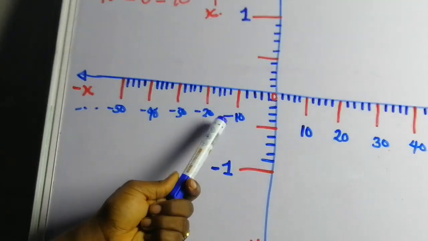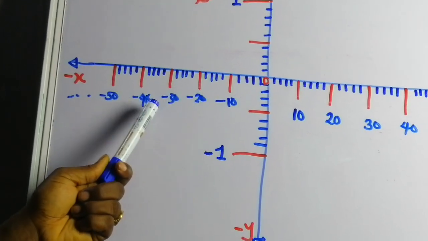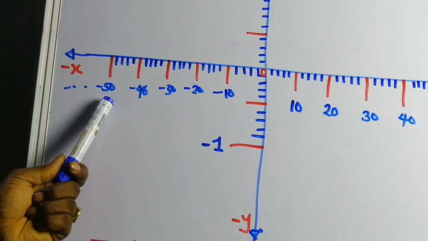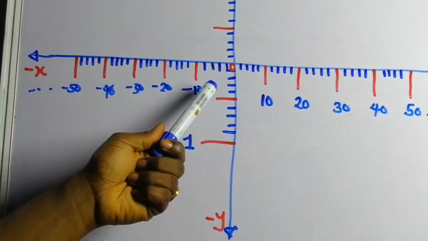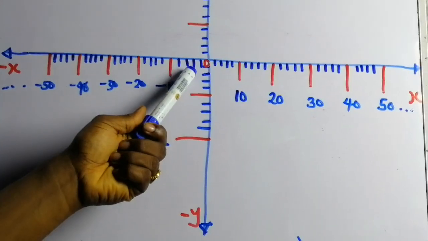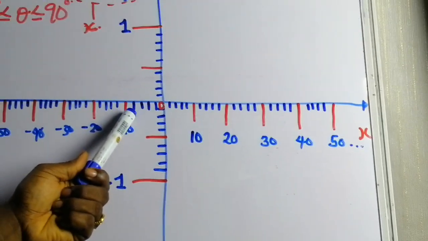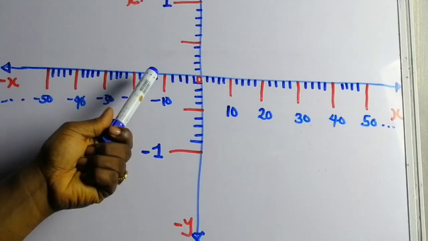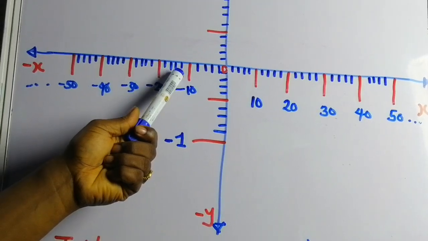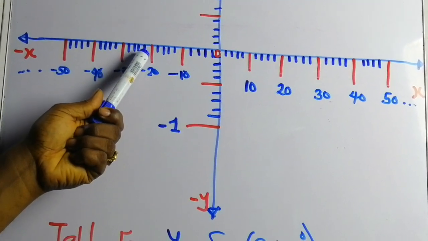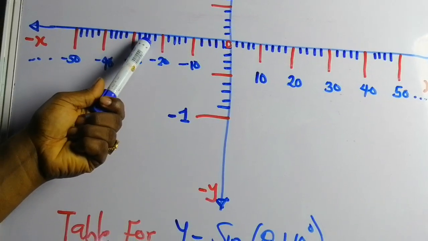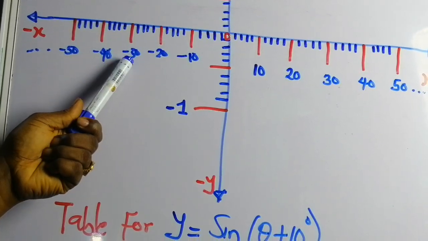That is why you have minus 10, minus 20, minus 30, minus 40, minus 50. Each line here, according to what I said, is minus 2, minus 4, minus 6, minus 8, minus 10, up to minus 20, minus 22, minus 24, minus 26, minus 28, minus 30.